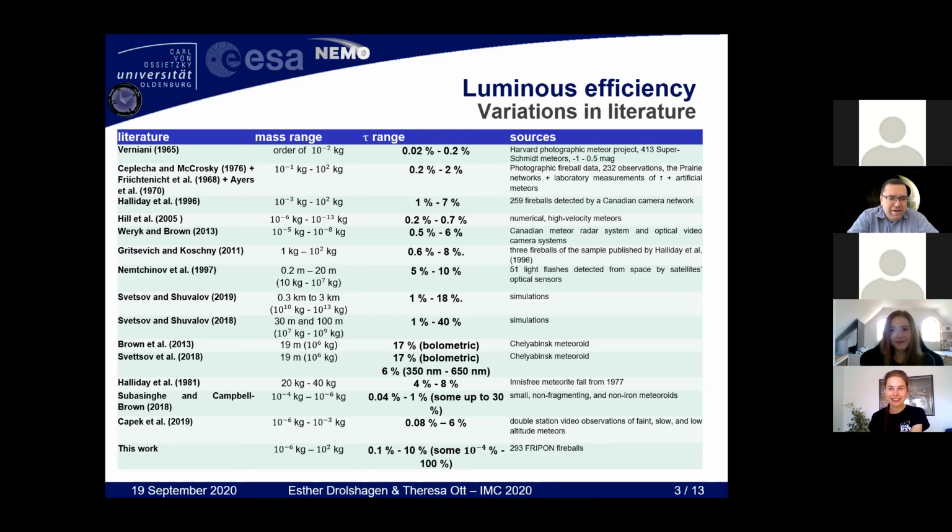We did it the other way around. We used the mass that was computed from the deceleration data and then tried to find the luminous efficiency with it. So it would be a circle if we now applied this luminous efficiency again to the luminosity data. Okay, clear. No problem. All right, thank you.